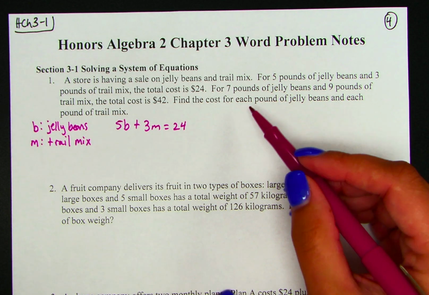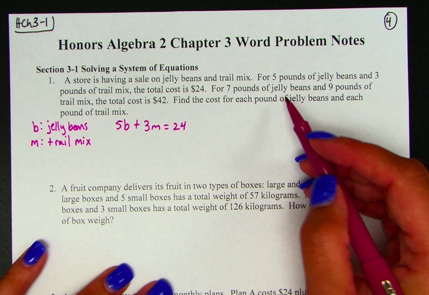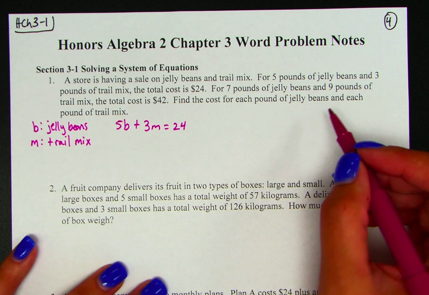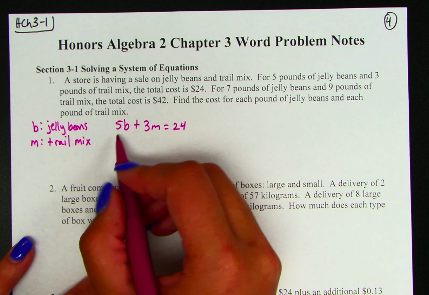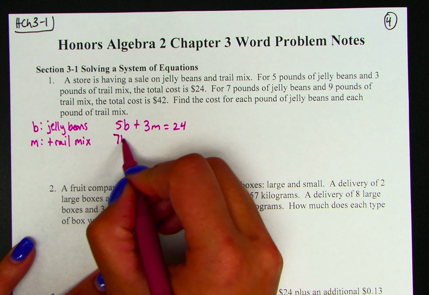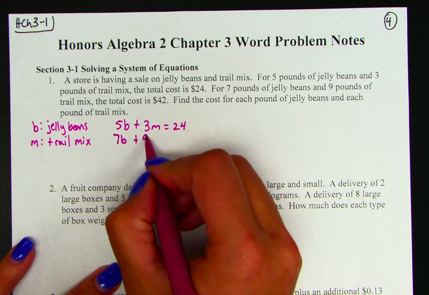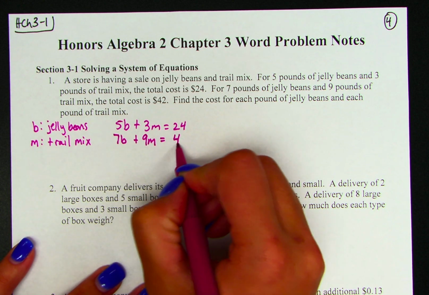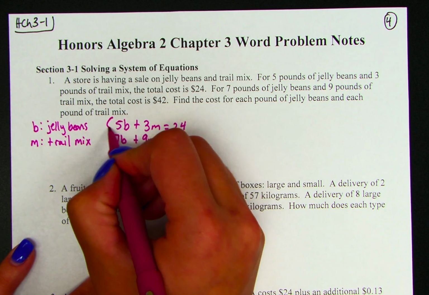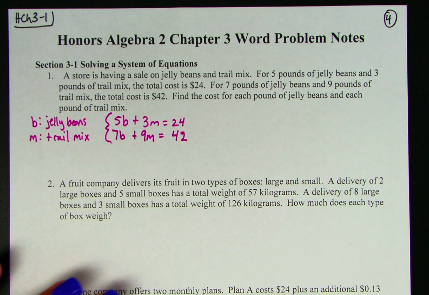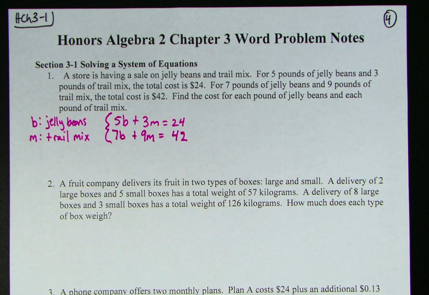Okay. And then we have 7 pounds of jelly beans and 9 pounds of trail mix equal to $42. So this will be 7b plus 9m equals 42. So this is my system that I need to solve. So looking at that, I think it's going to be easiest to solve it by elimination.